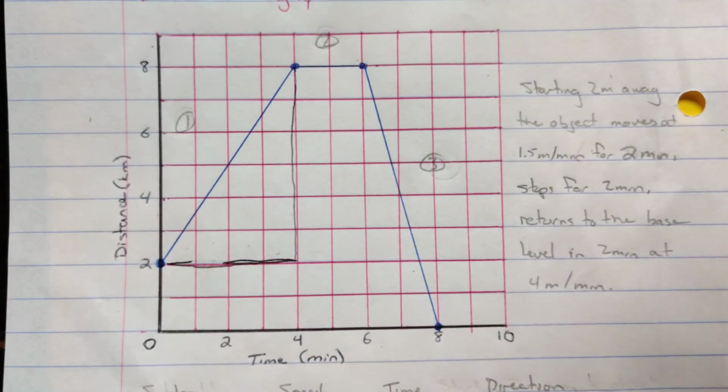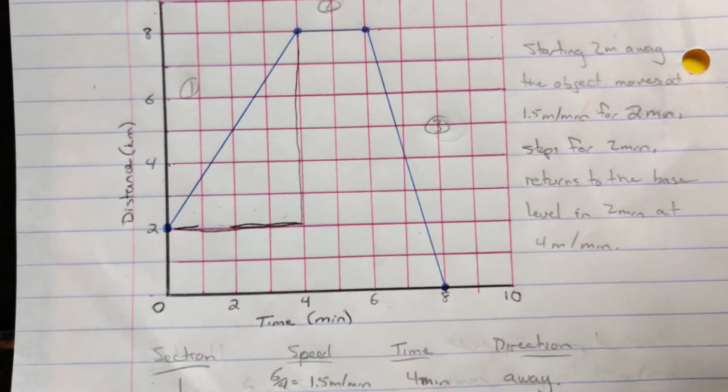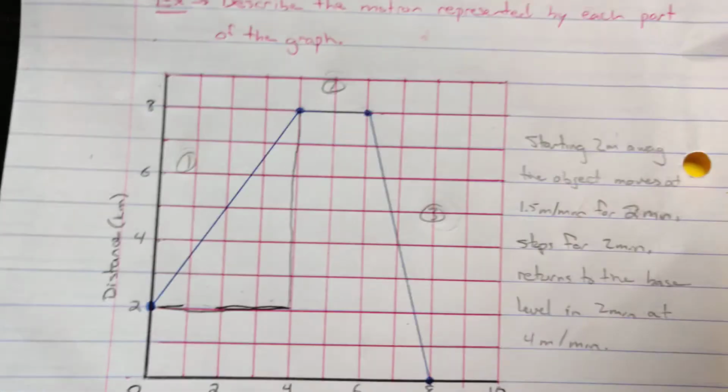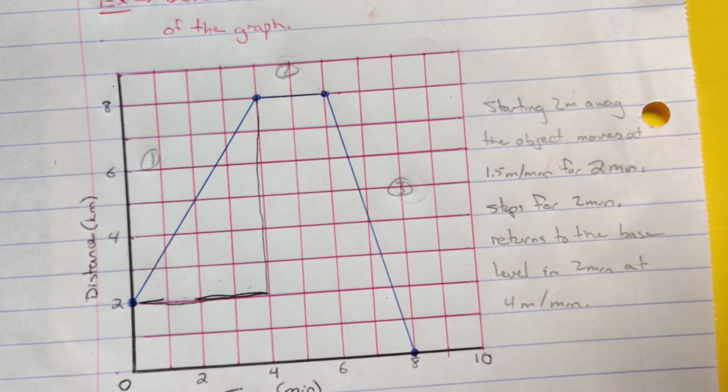So that could be a description here of what's going on, and if there was a real world situation we applied that to, we could be a little more descriptive, like moving towards a house or a sensor. So we can use that table to organize that and then write out the description there.